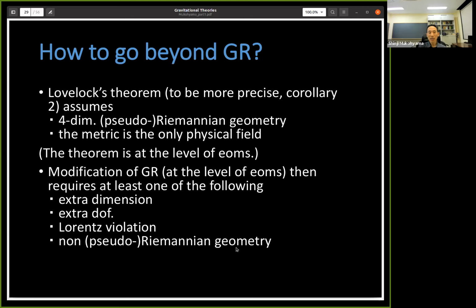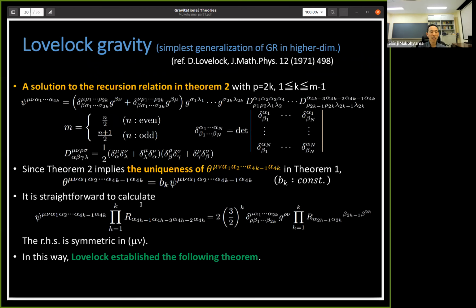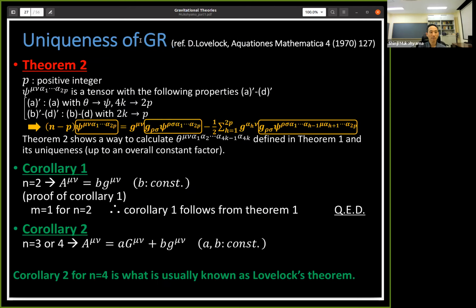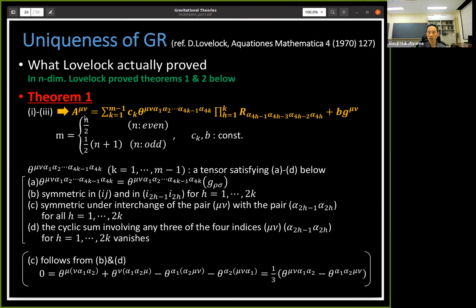Before ending this section, let me think about this possibility, extra dimensions, without changing anything else. This is the so-called Lovelock gravity, partly based on the first theorem that he proved. This theorem applies to any dimensions, and as you can see, if we increase the number of dimensions n, then m increases, so the number of terms increases.